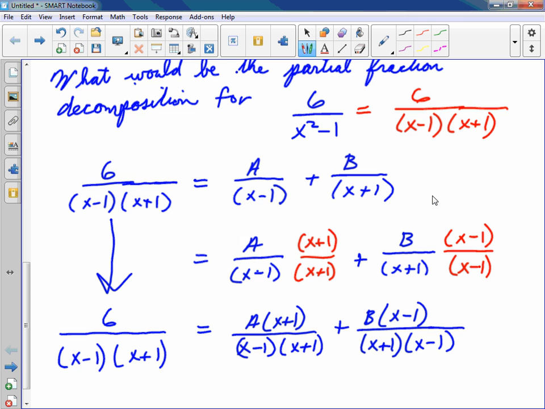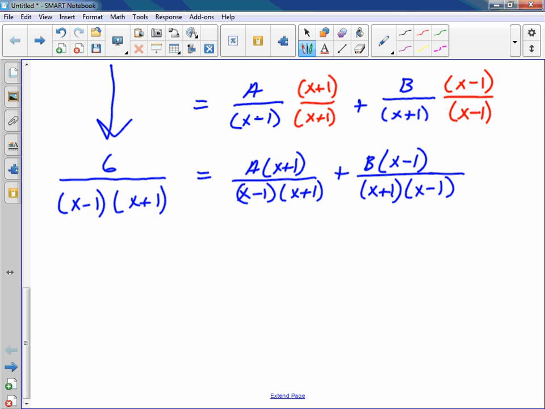And now you'll notice that we can say 6 over x minus 1 quantity x plus 1 equals, and we can combine these two, make them look a little bit cleaner.